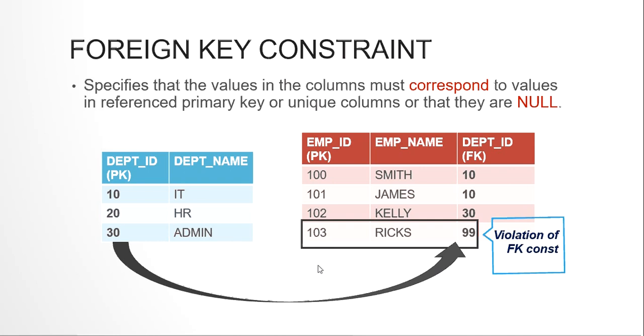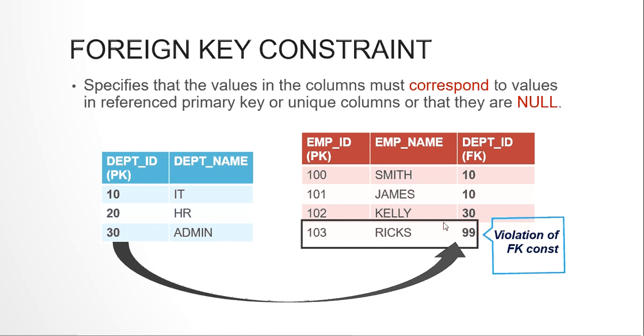Now you have an employees table, in which you are storing the employee's name, the employee's ID and in which department they are working. Of course, when you have a department's master table, each and every employee that works in an organization should be associated to one of the departments, right?